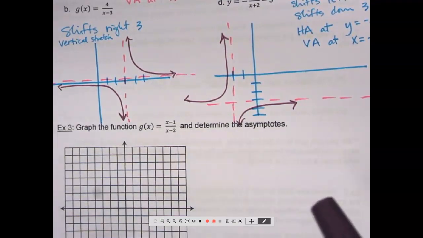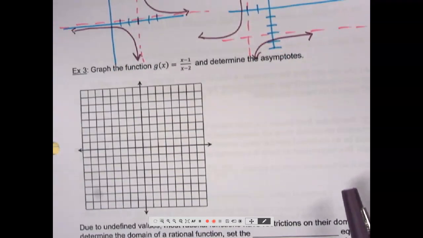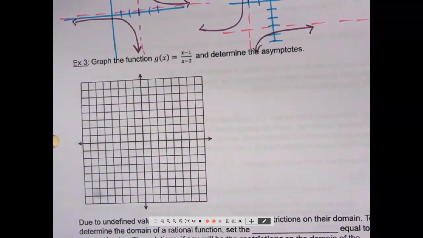Oh, all right. Let's talk about this graph. Graph it on your calculator. X minus 1 over x minus 2.